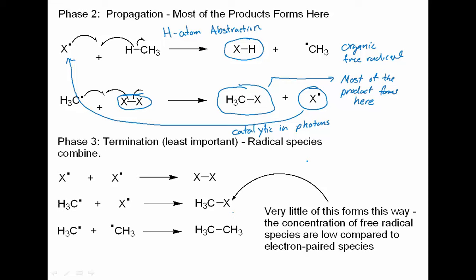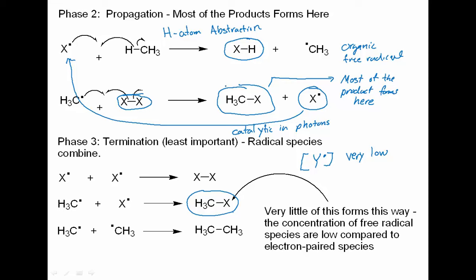Very little of the product forms in the termination step. This is because at any one time the concentration of radical species is very low. And when this radical species bumps into another molecule, the type of molecule it's most likely to bump into is not another radical, but one of these molecules that has all of its electrons paired.